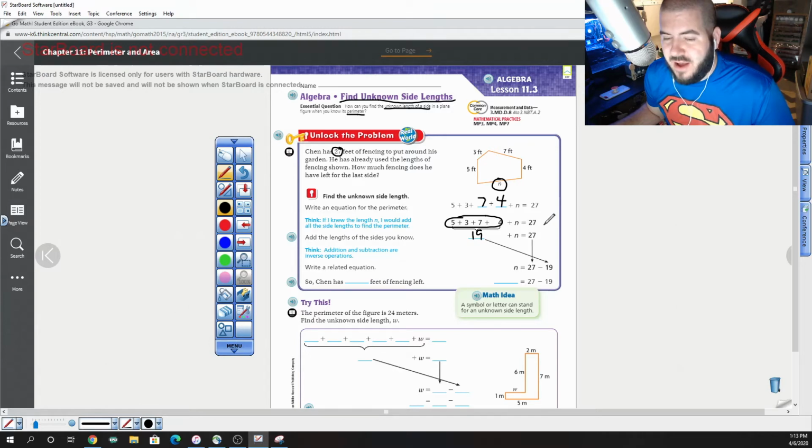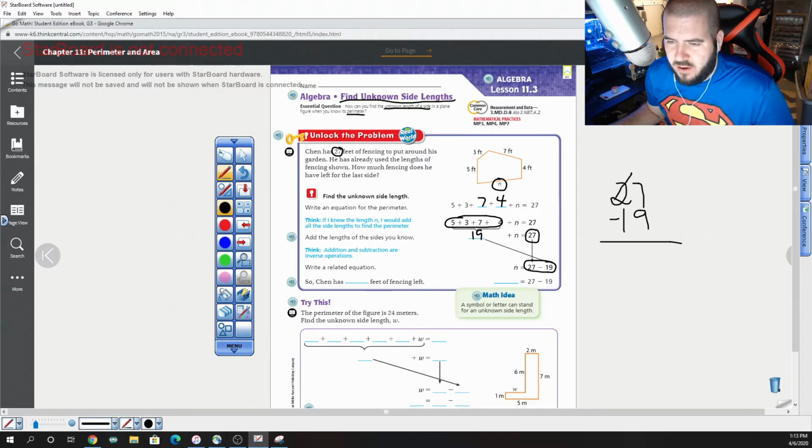So to figure out how long n is, we need to take our big number, which is 27, and subtract our small number, which is 19, which they're doing right here. So 27 minus 19 gives us an answer. We solve that. 27 minus 19. So 7 minus 9, we can't do that.